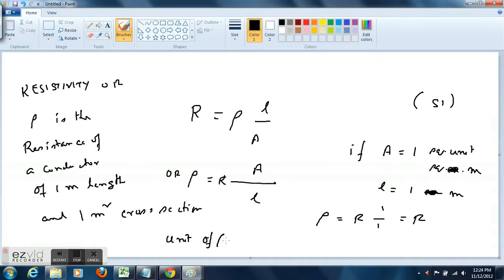What is the unit of resistivity, or unit of rho? Now the unit of R is ohm, the unit of A is meter square and the unit of L is meter, so it is ohm meter. So this is the unit of resistivity, ohm meter.